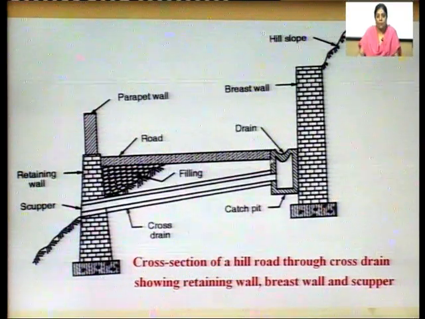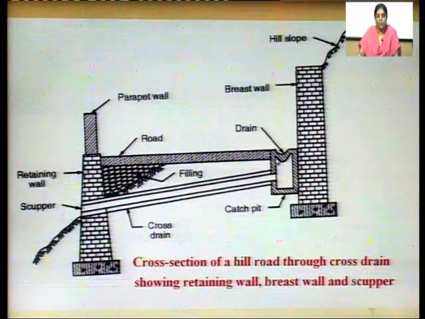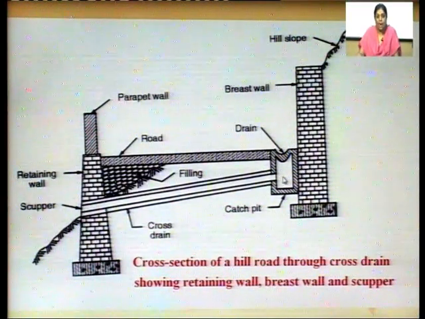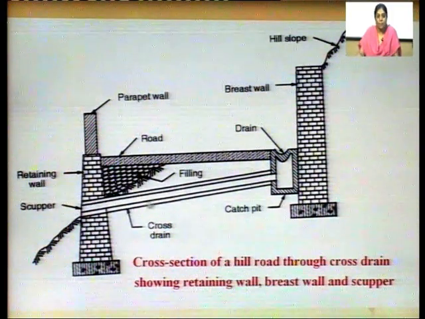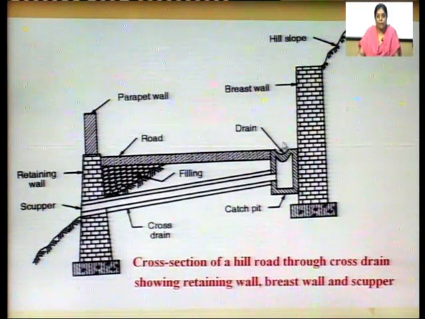In fact, along the length of the road, some slope is provided to this drain, and finally the water falls into a catch water pit. So, from this catch water pit, the water is taken down the slope like this, so that this drain is not overflooded with water.